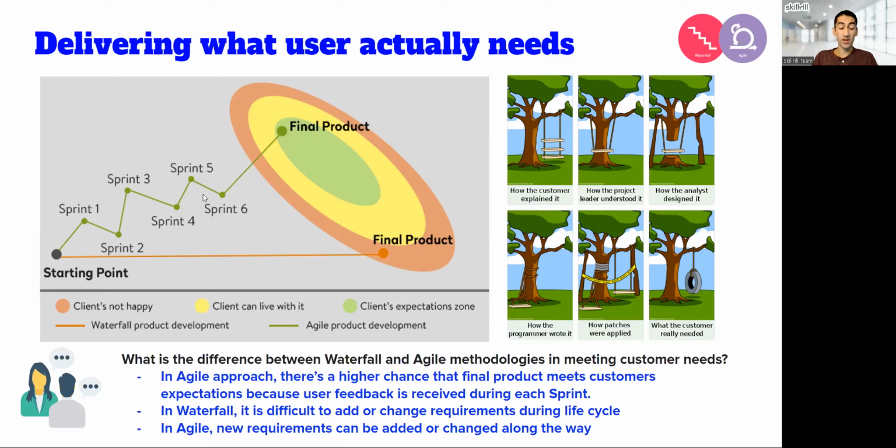As you can see here, during each sprint 1, 2 and 3, you are on track, sometimes deviating from the correct direction, but at the end, over a period of time, you're still hitting that point which is within that green area, right?